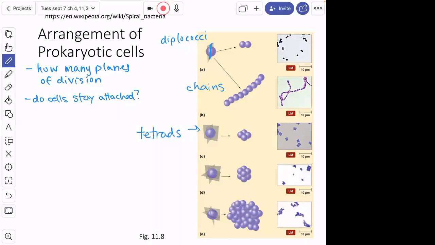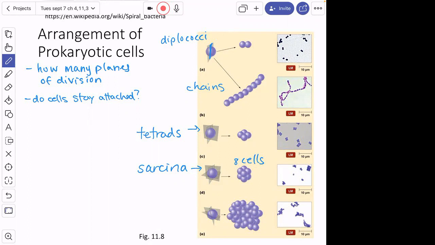If they divide in 3 different planes, they form packets of 8 cells, kind of cube-shaped arrangements that we refer to as sarcina. I looked up, that's a Latin word for pack or bundle. So it's really like a cube-shaped arrangement. In practice, it's kind of hard to tell the difference when you're looking at a 2D image, whether it's 4 cells or 8.